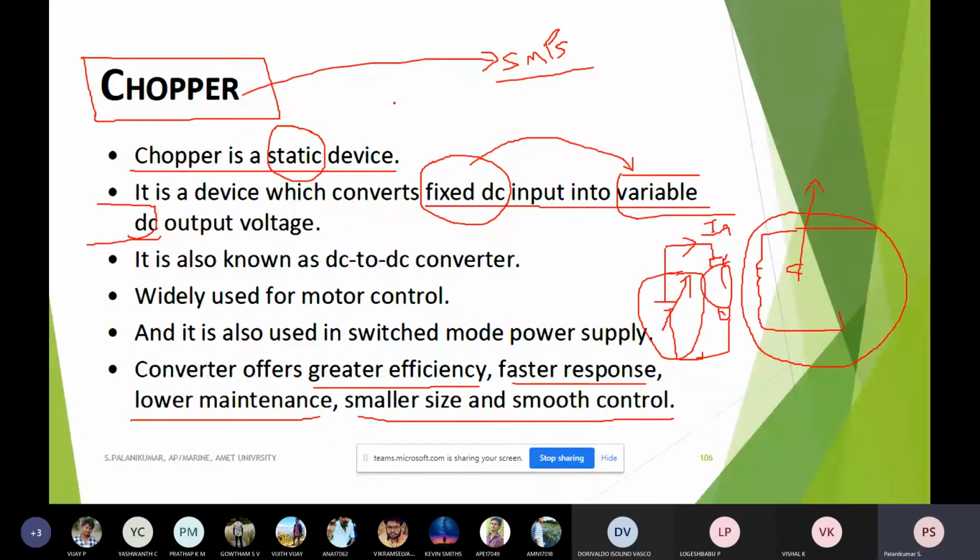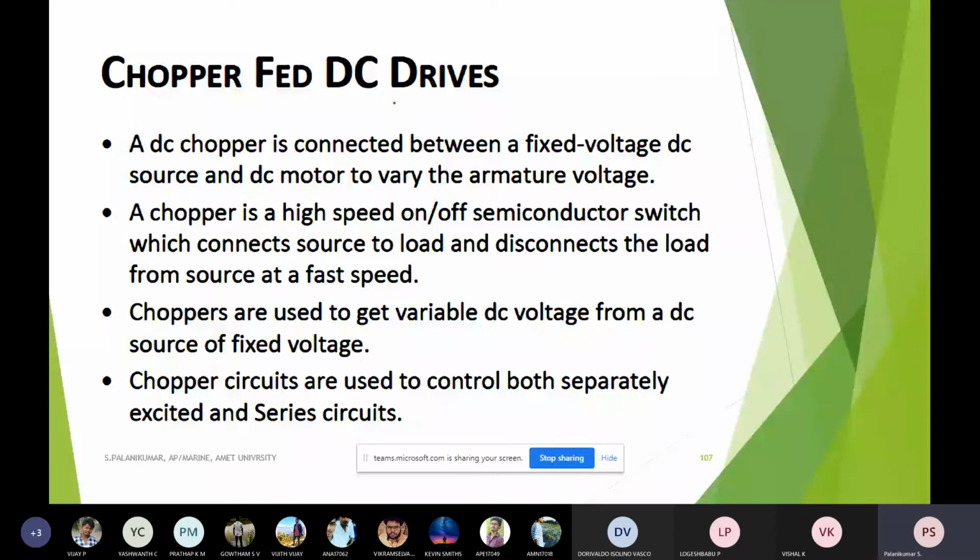In our case, we are not interested in using this chopper as an SMPS, as a power supply unit. We are interested in using it as a source for the DC drive.